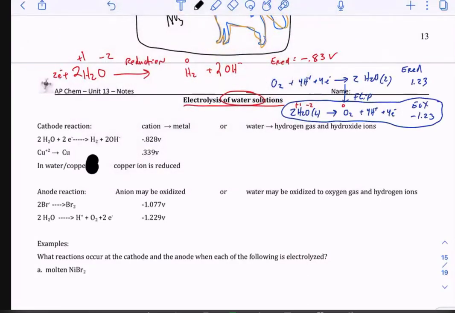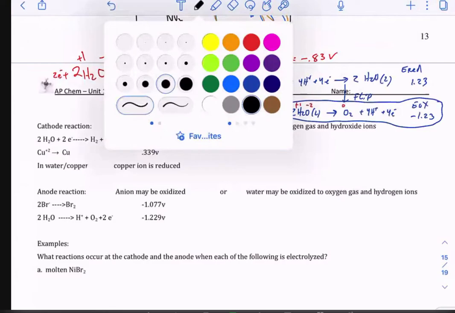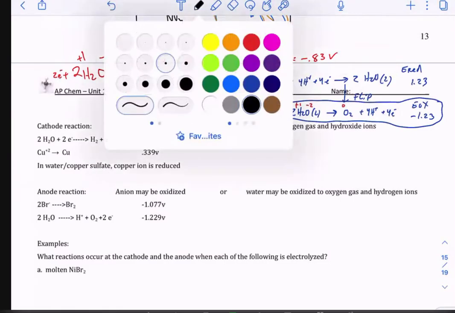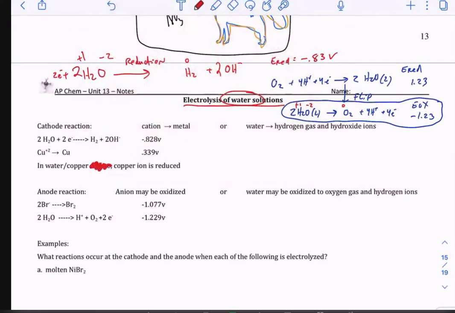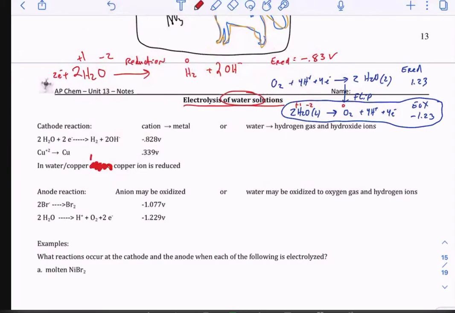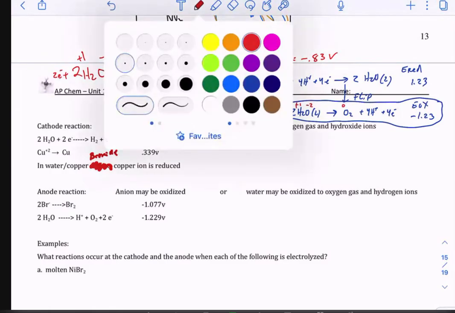Oh my goodness, that's not what I want to do. That's too big. Copper bromide. That's still too big. Oh no. Ah, forget it. In a copper bromide solution, all right, that's what I'm trying to do here. That's still not narrow enough.